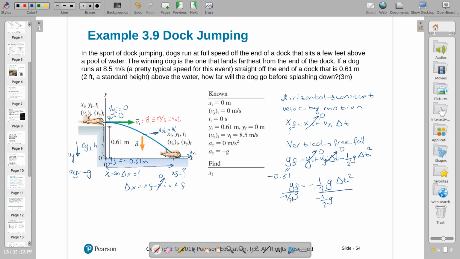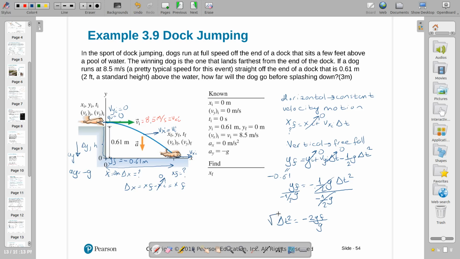Once I do this, these will cancel, and delta t squared will be left alone, and it will be equal to, where I have 1 over 2, it will be inverted coming up here because I have y final over 1 over 2, so that will be equal to minus 2 y final over g.